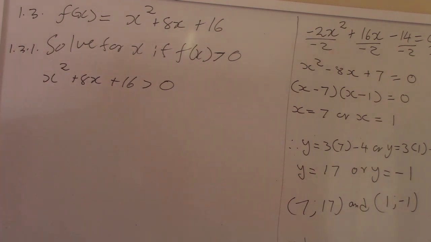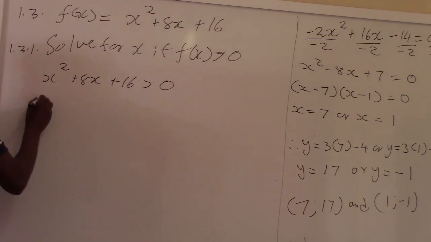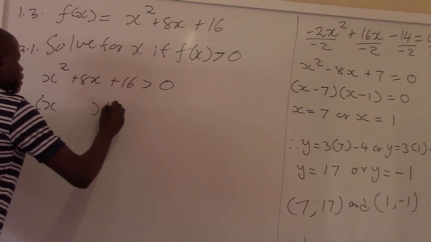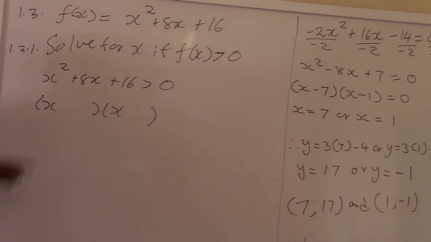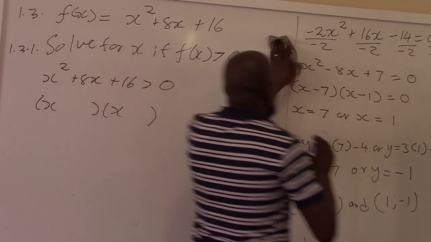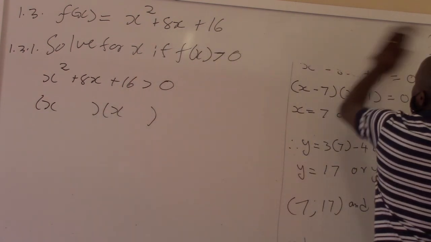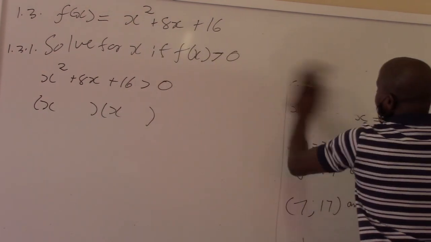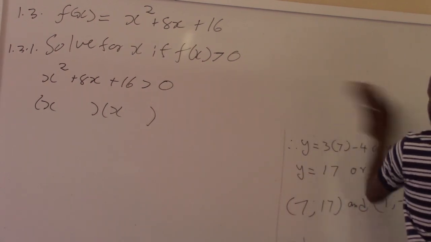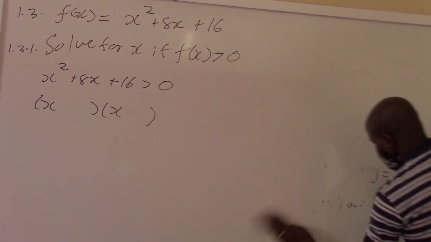So the factors of x squared are just x and x in this case. And then we have to come for the factors of 16. Factors of 16 in pairs, they are quite a number. In this case, we can write them so that we see which one will give us the middle term.